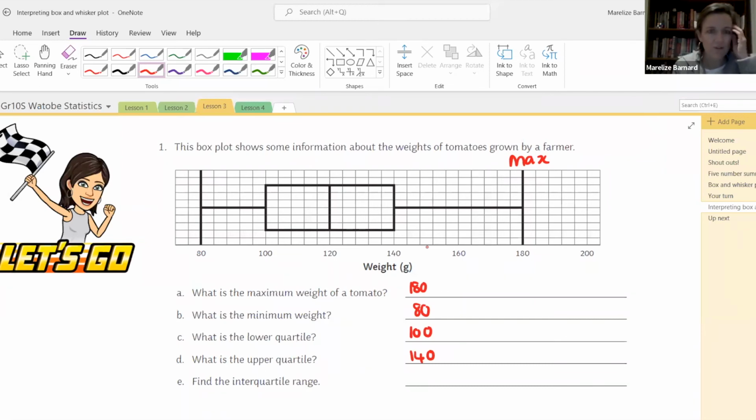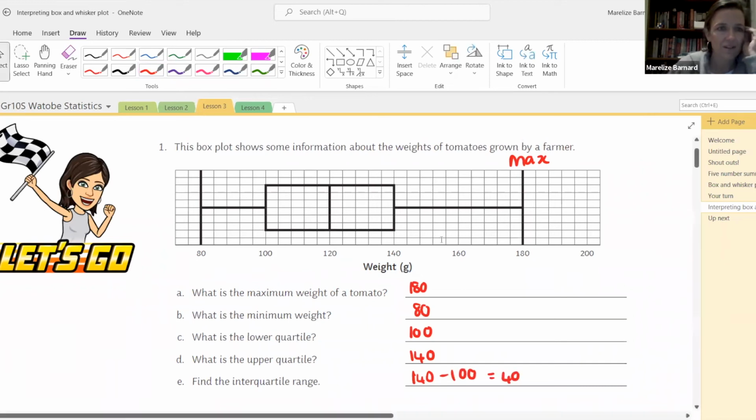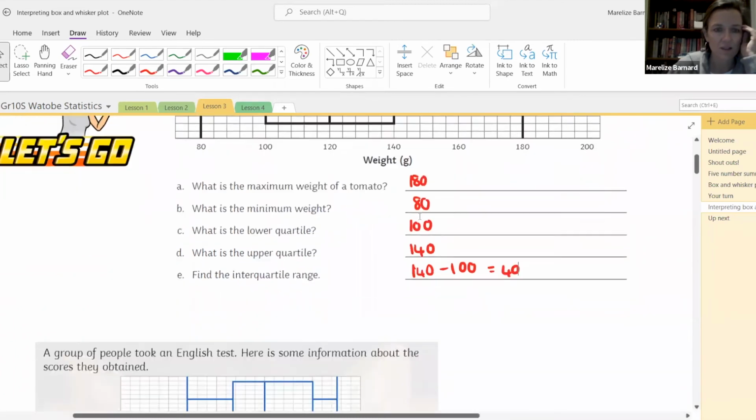Right, we're ready for question E. What is the interquartile range? Okay, let's settle on an answer. It will be 140 minus 100, and that is 40. Okay, so that's your interquartile range.